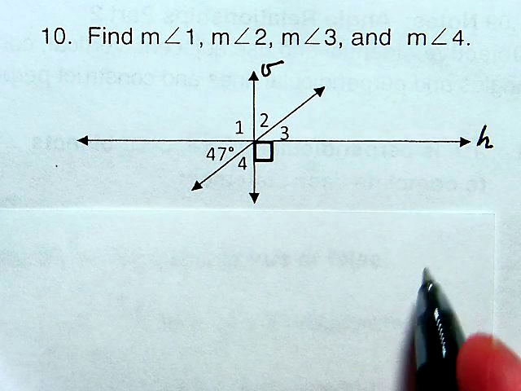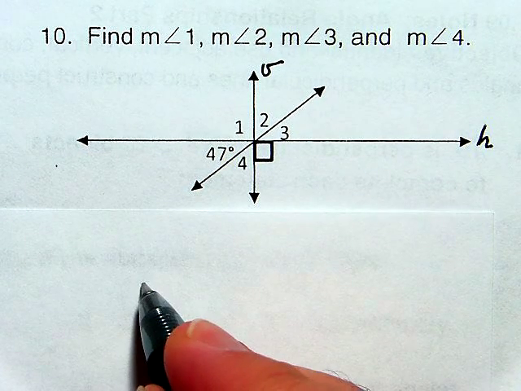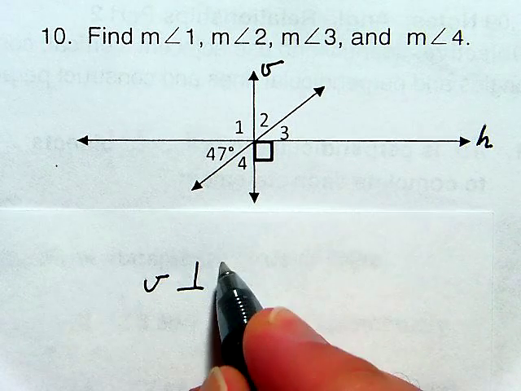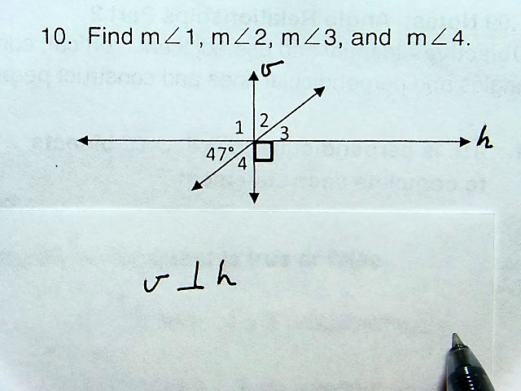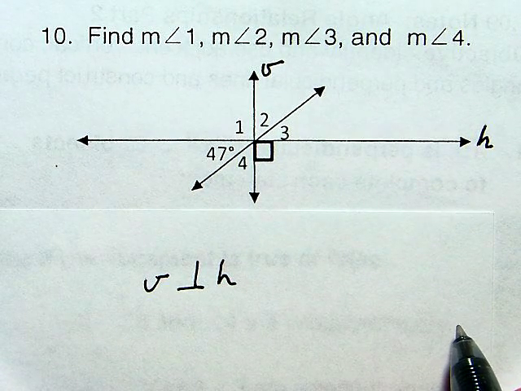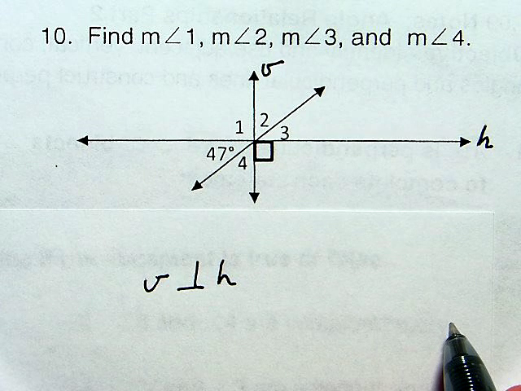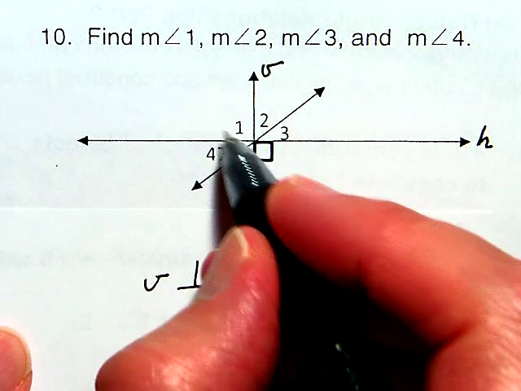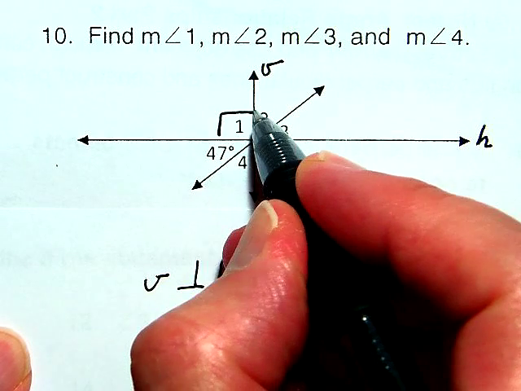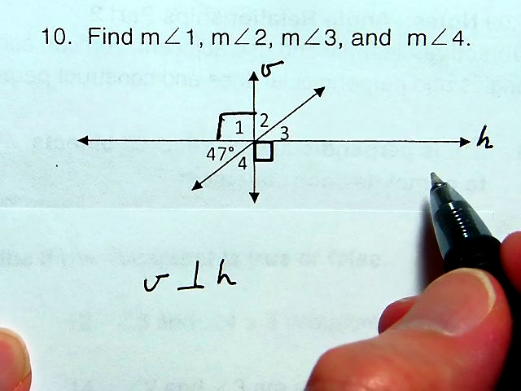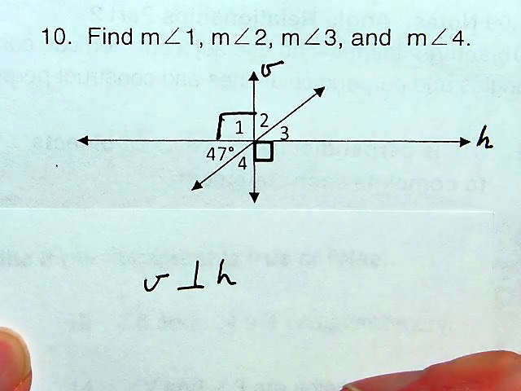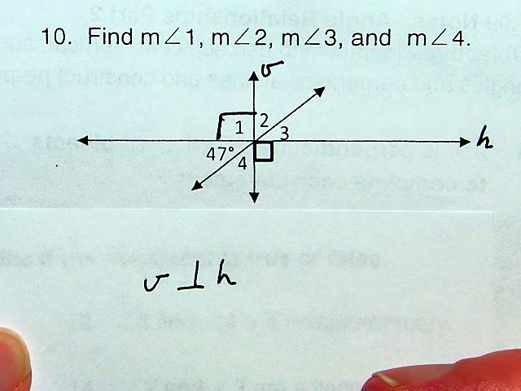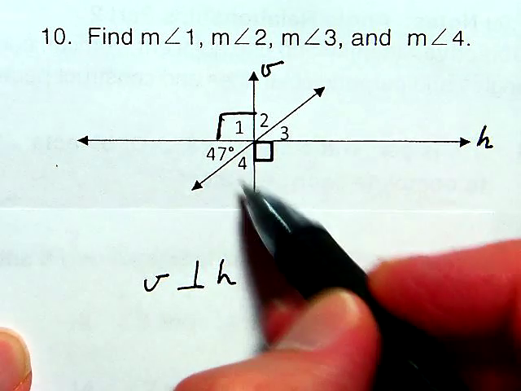Well, we just saw a few moments ago that that means that V is perpendicular to H. Okay, so we've got a perpendicularity there. And in fact, every angle that V makes with H is 90 degrees. That includes this angle over here. So when you have 2 perpendicular lines, they intersect to form right angles everywhere they intersect.